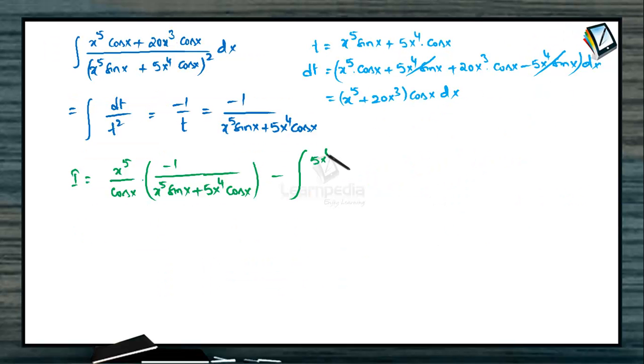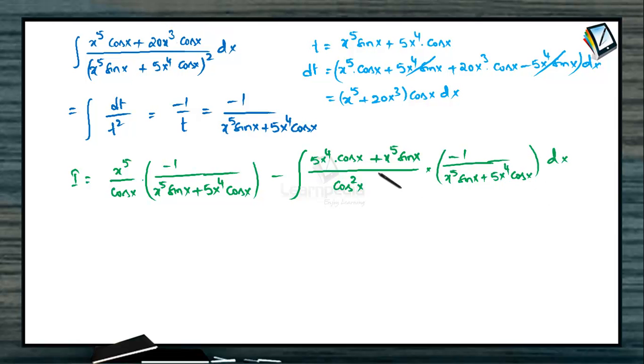That is (5x^4 cos x plus x^5 sin x) by cos square x into the integral part, which is minus 1 by (x^5 sin x plus 5x^4 cos x).